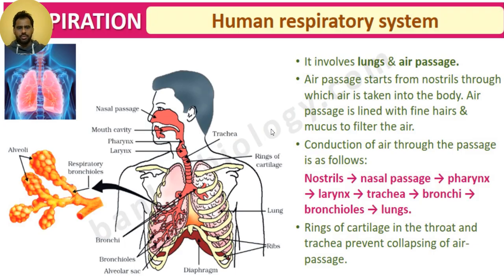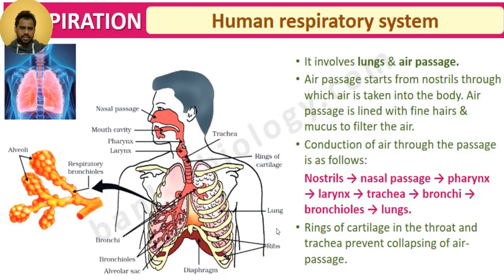Conduction of air through the passage is as follows: the air will enter the nostrils, then the nasal passage, then the pharynx, then the larynx, trachea, bronchi, bronchioles, and lungs.